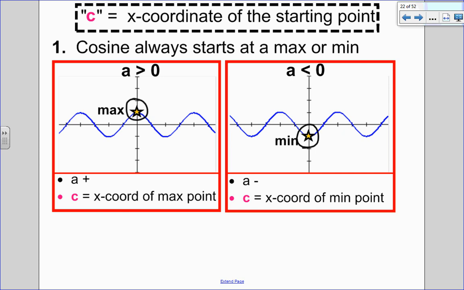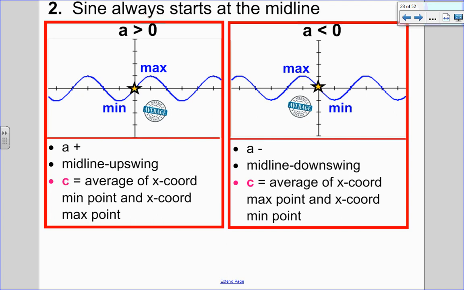That's for cosine. Let's look at sine. Sine always starts at the midline. So if I start at the midline on an upswing, that's positive. So A is positive when I'm midline upswing. So the x-coordinate is going to be the average. So C is the average of the x-coordinate for min and x-coordinate for max, because it's right in the middle.